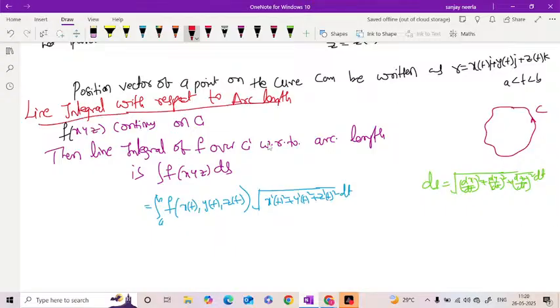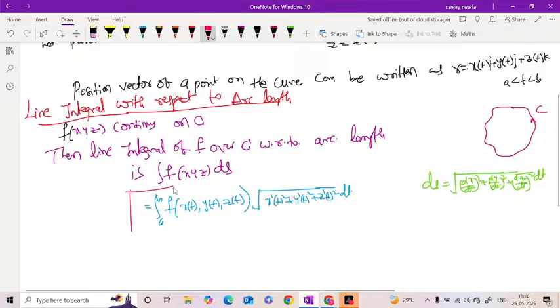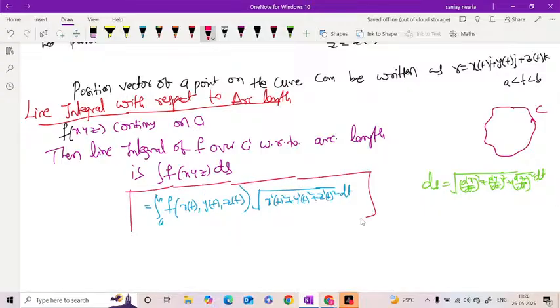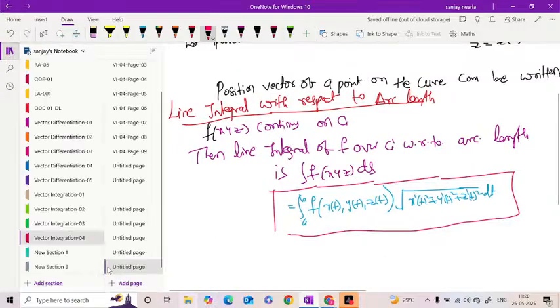Now finding the line integral by using the arc length: integral a to b f of x comma y comma z under root of x dash square plus y dash square plus z dash square into dt. Now we will see a few problems in this line integral with respect to the arc length.